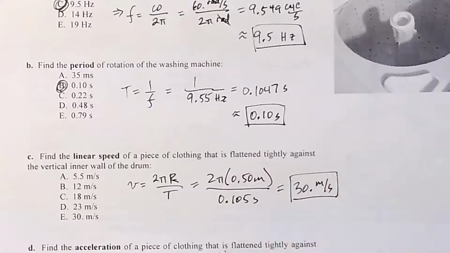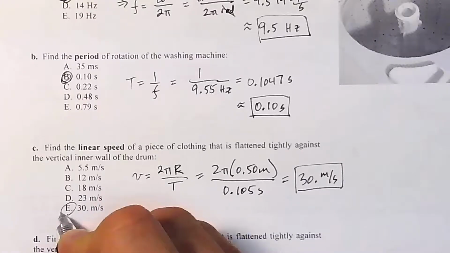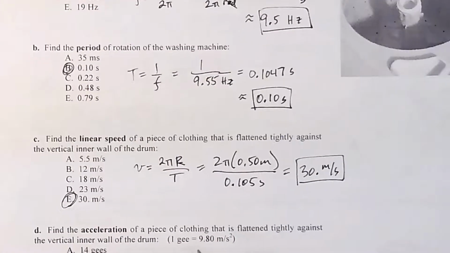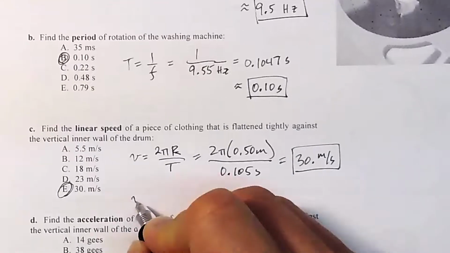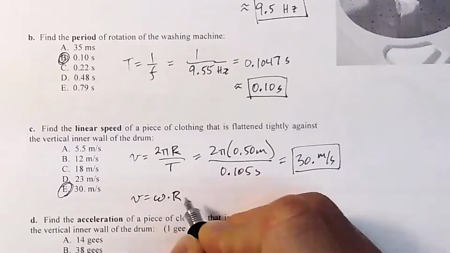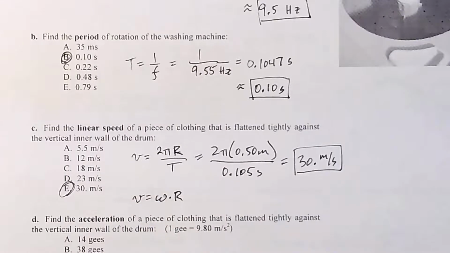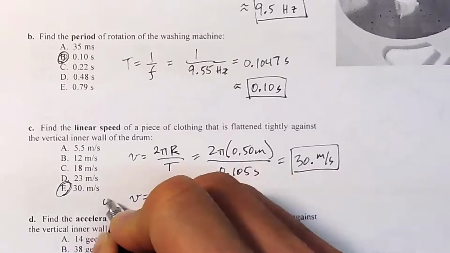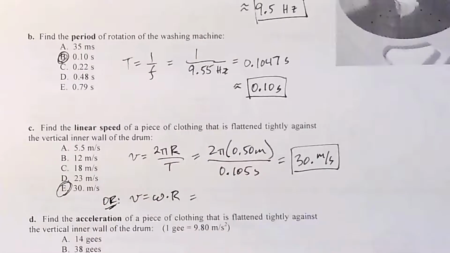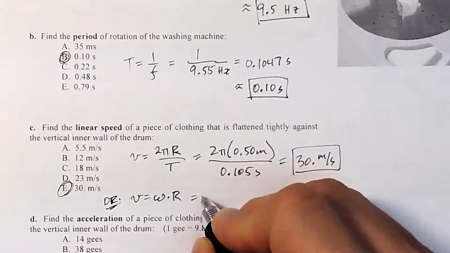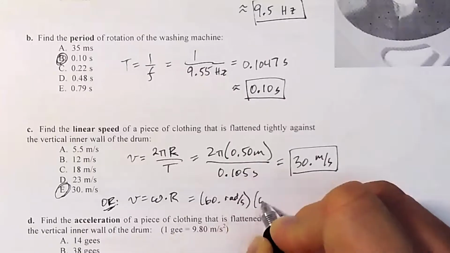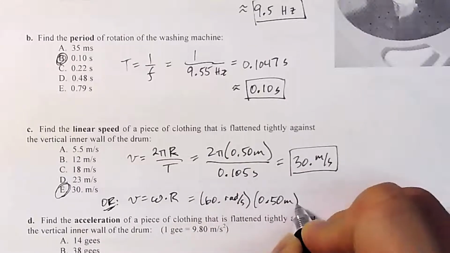So 2 sig figs. Now, there's more than one way to do this. You might remember that v was also equal to omega times r. So in that case, we could use that. And so this is an alternative solution. And we should get the exact same answer if we've done everything correctly. 60 radians per second times 0.5 meters.